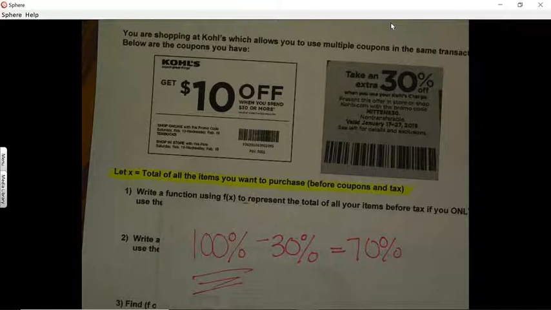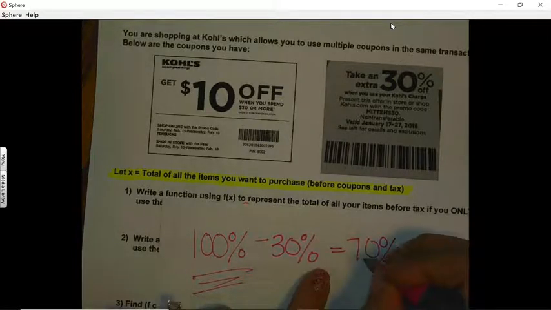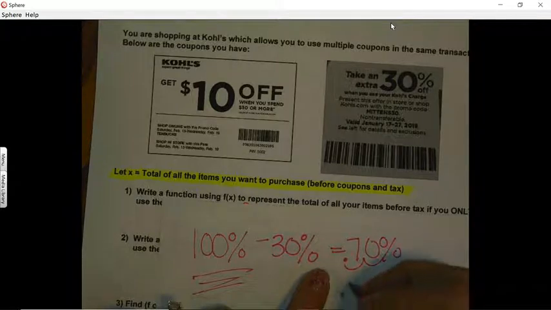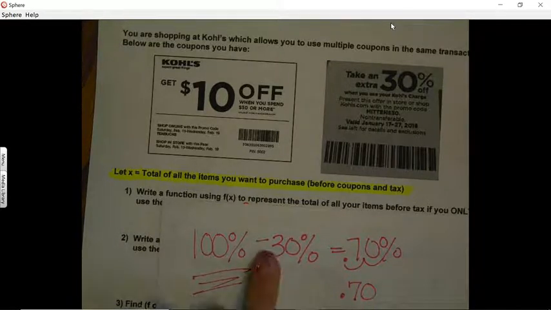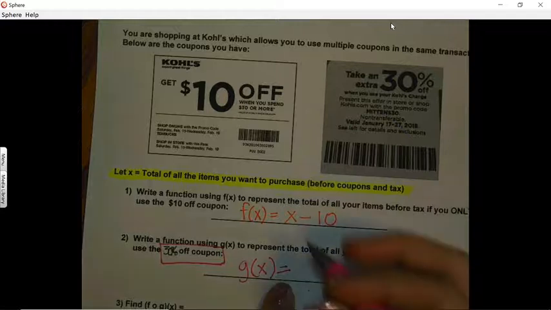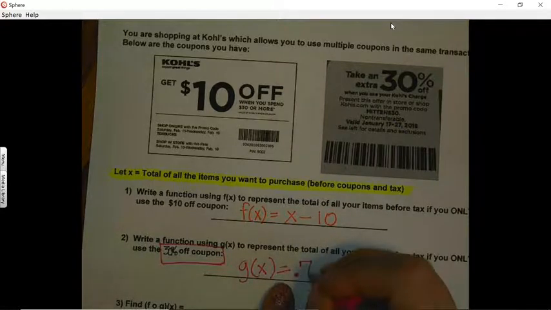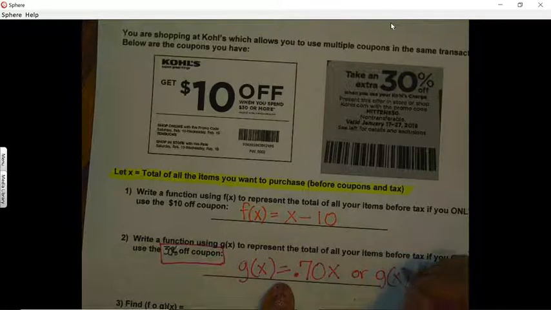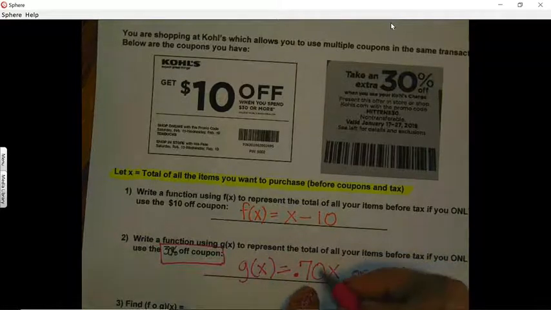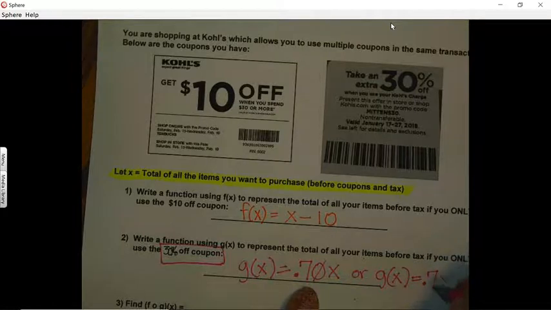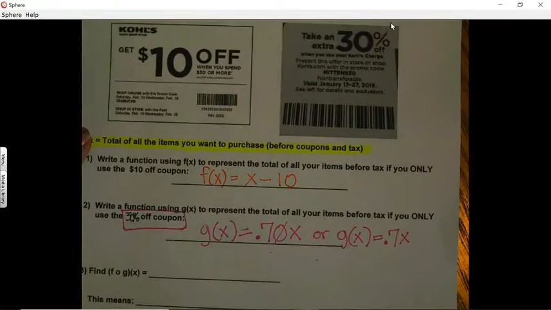So we're not going to use 0.30, but we're going to turn this into a decimal, and it would be 0.70. So if we want to take 30% off, we're going to multiply how much we spend by 0.70, or just 0.7x. So we can write it like this, or we can write it without the 0 there, because we know with decimals we don't need to have that 0. Okay, so we can write it either way.